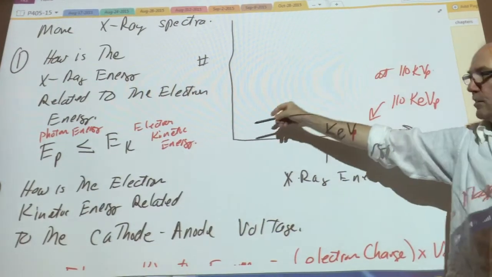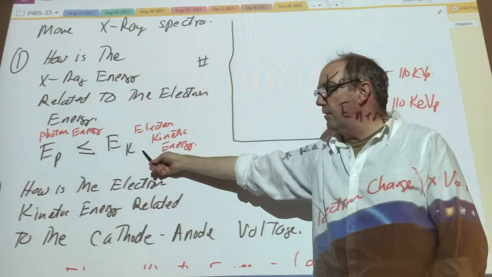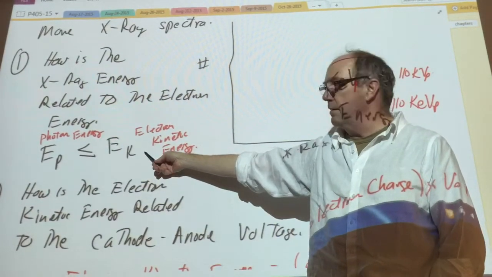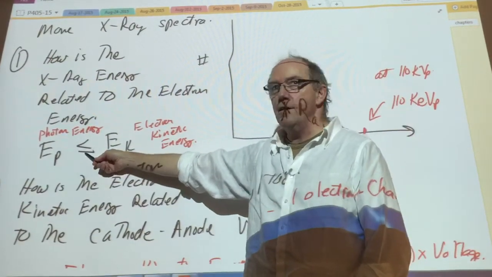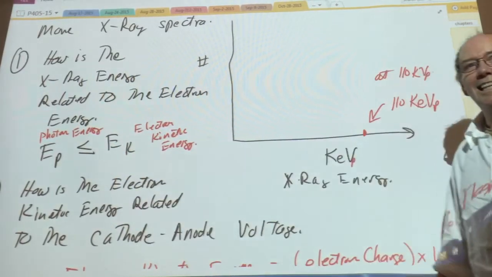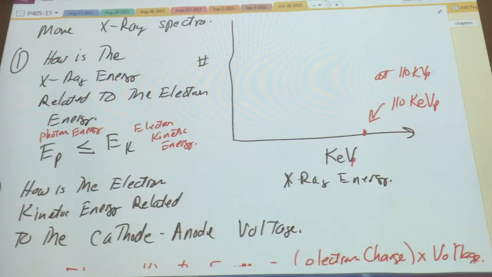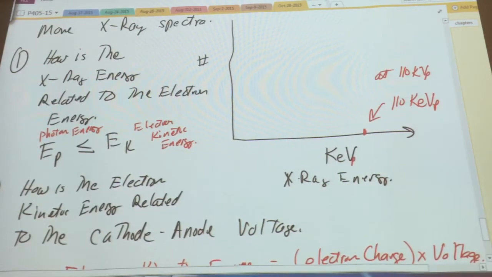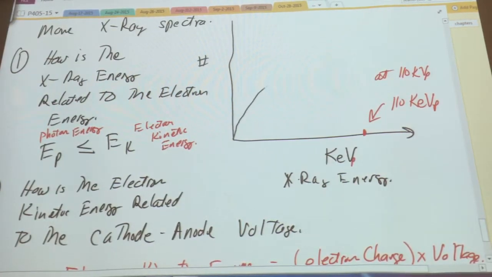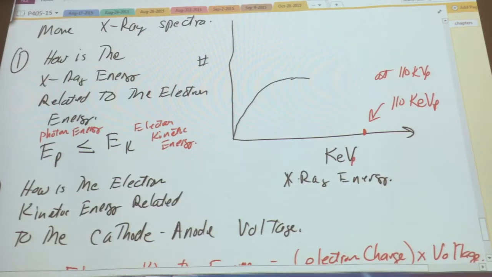And if my maximum electron kinetic energy is 110 keVp, what happens to my photon energy? It's going to be lower than or equal to the electron kinetic energy. Which is why we will generally draw graphs that look like that.